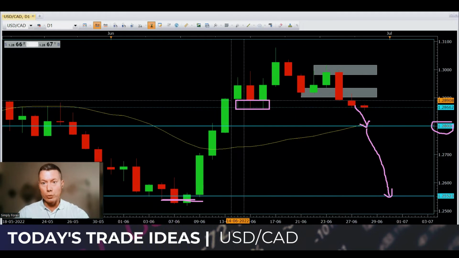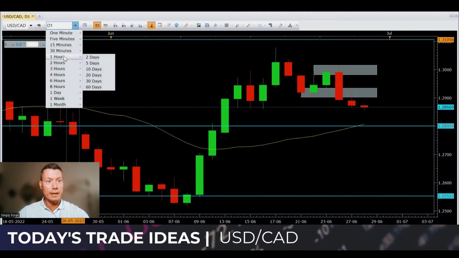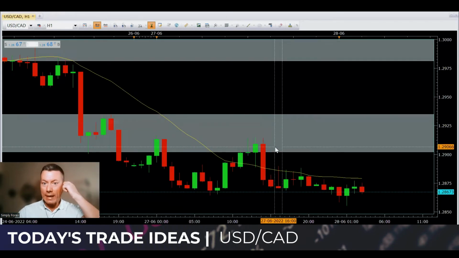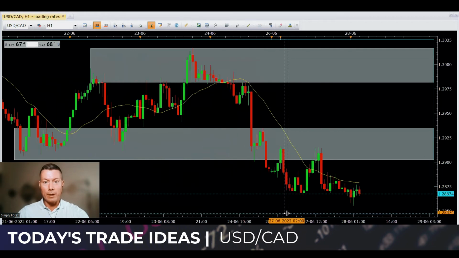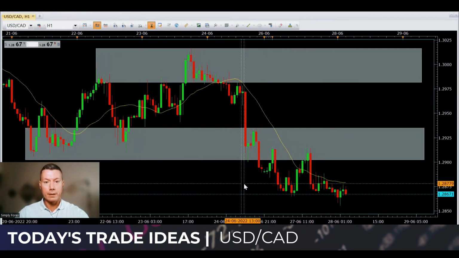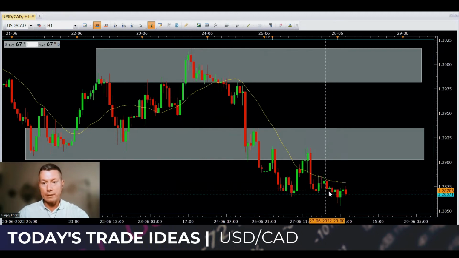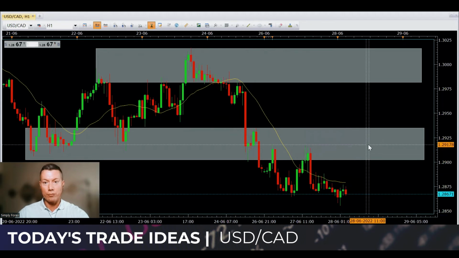So we're looking to short this market, guys. Let's look at H1 so we can see exactly where we can get in, how we can execute the trade. To be honest with you guys, my grey zones are exactly the same. I haven't moved them. What we want to see is price come back up into this grey zone, as it has done here and here.